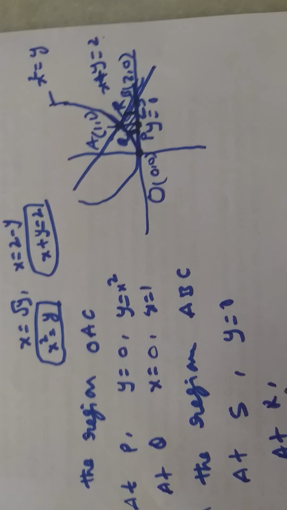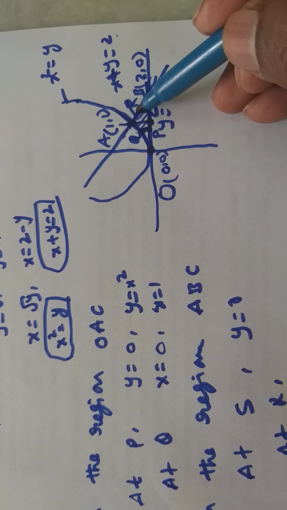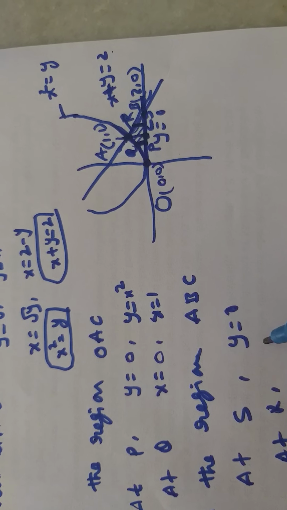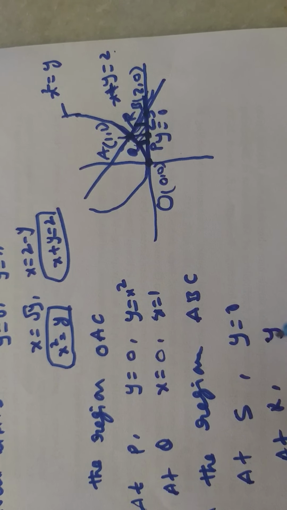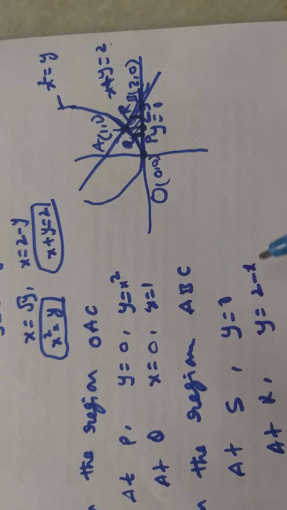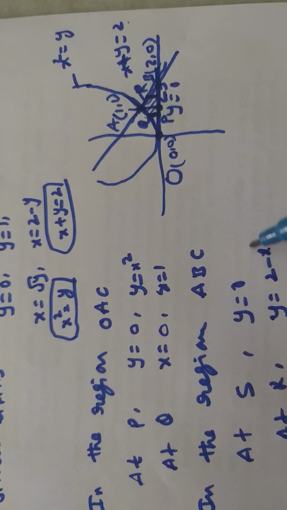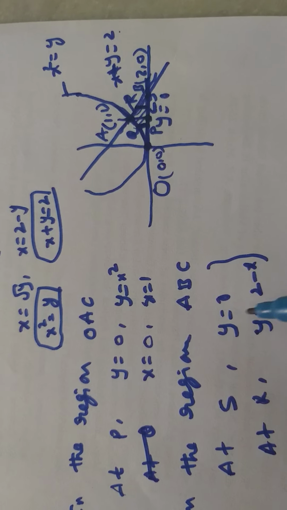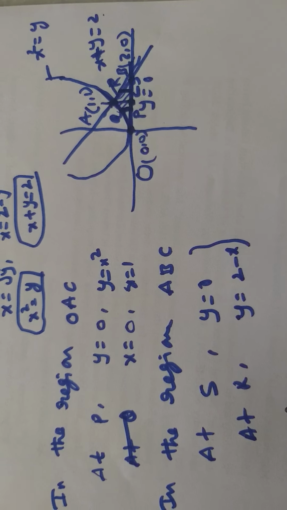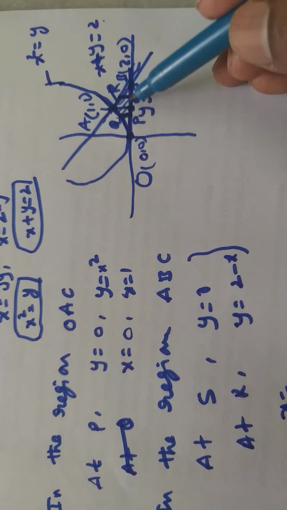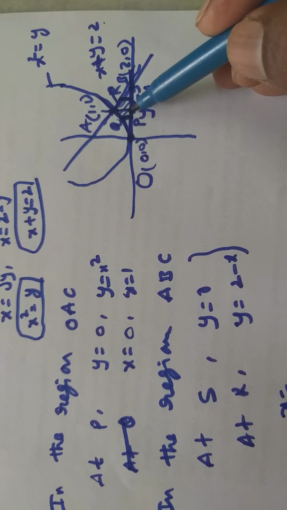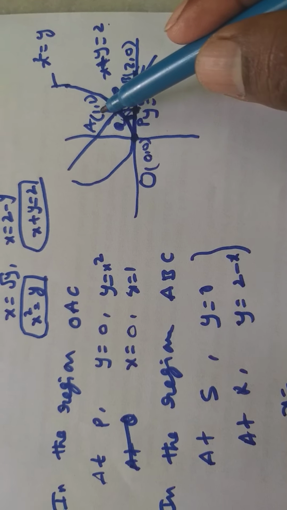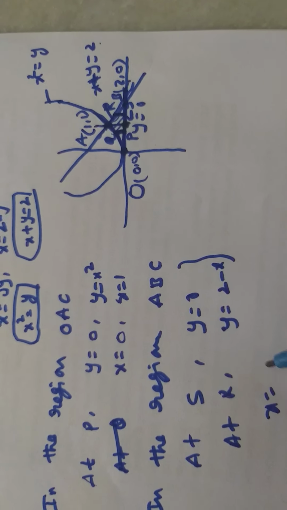At R, the strip touches the straight line x plus y equal to 2, so y equal to 2 minus x. So the y limits are 0 to 2 minus x. In this region the x limits start here at 1 and end at 2.